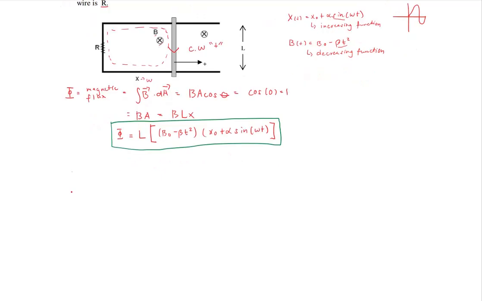Now that we have our flux, we can obtain our VEMF, or electromotive force. That is obtained by the formula negative d flux dt. We apply our negative on the constant times the time derivative of these two functions.